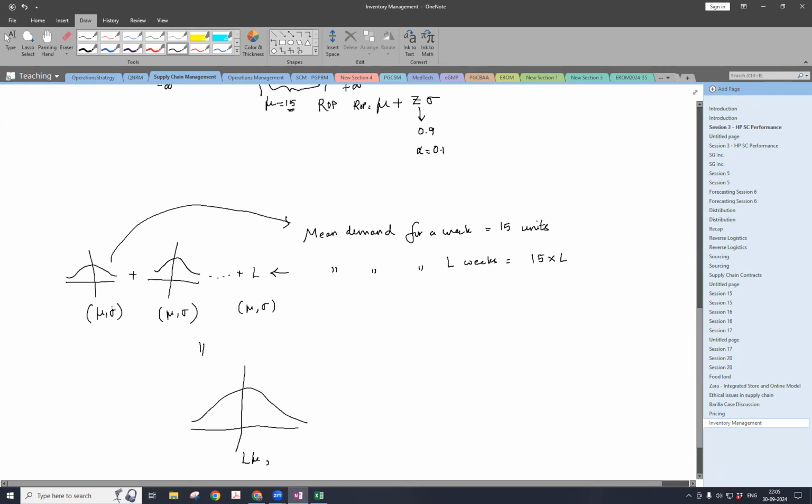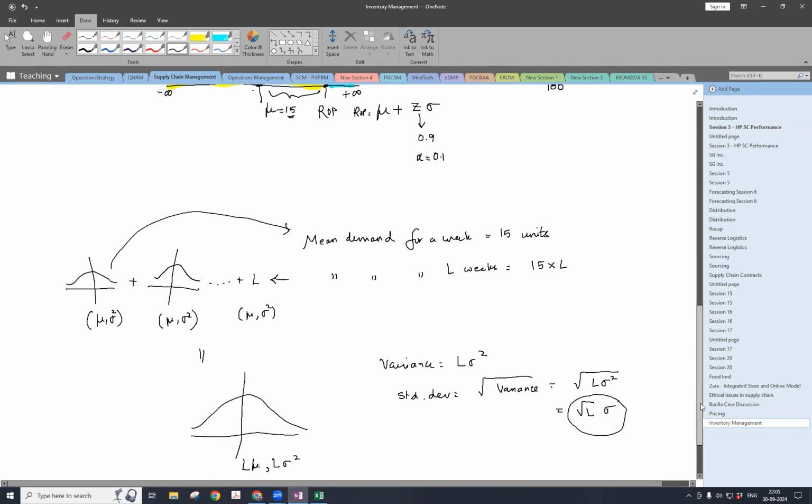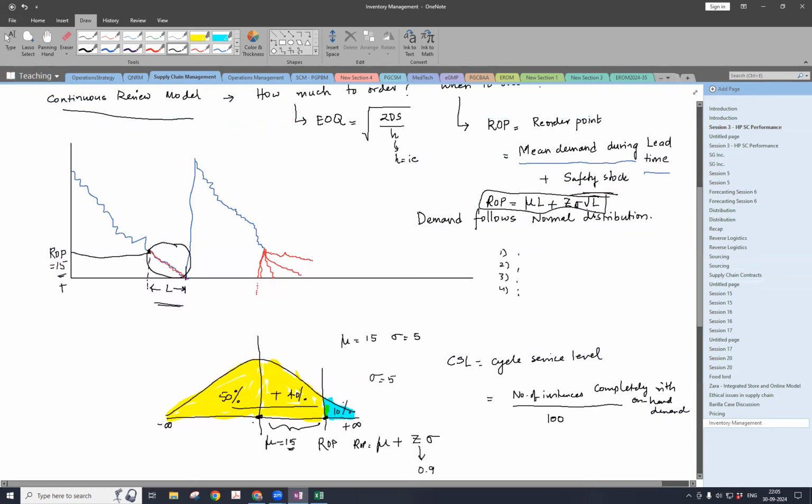So if instead of sigma, which is standard deviation, variances are considered, then this becomes L sigma square. Now, if the variance is L sigma square, we know that standard deviation is the square root of variance, which is root of L sigma square, right? So this is root L sigma. Now this root L sigma is what is appearing over here, Z sigma root L. That's the logic behind this formula being this way.